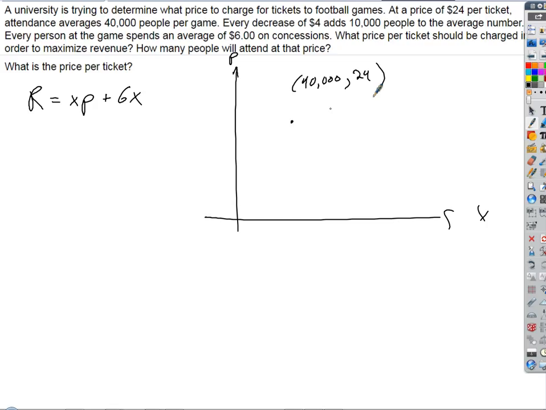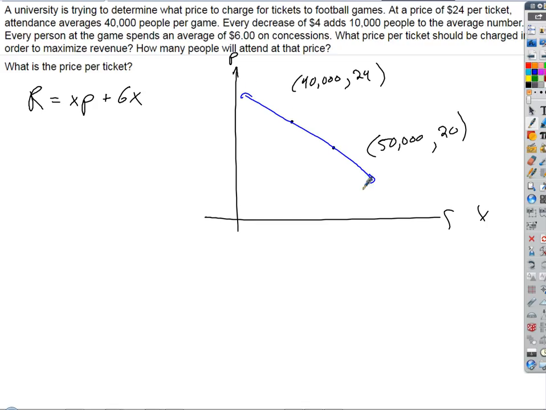So that means we're going to have some other data point out here that has more people but a smaller price. Some data point down here, we'll just exaggerate this a little bit. So that's going to be 50,000 people for a ticket price of 20. Okay? Make sense?